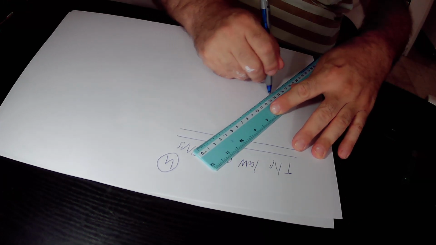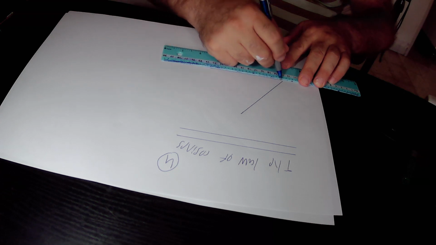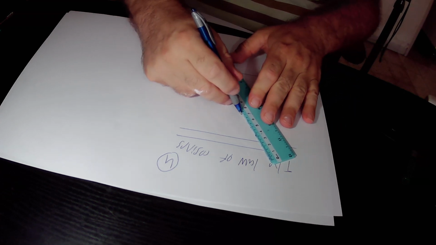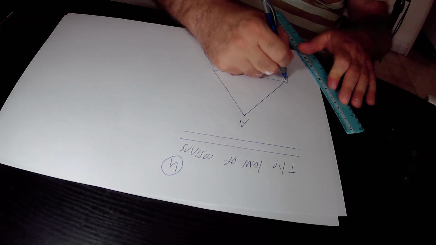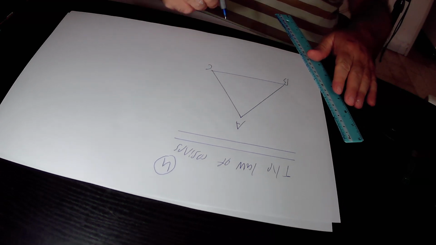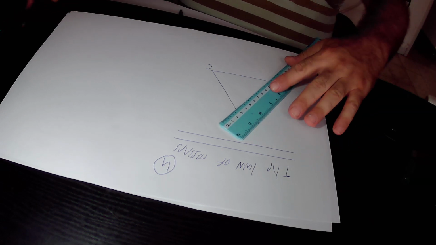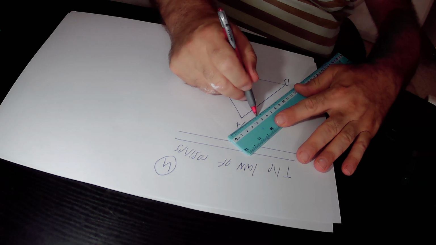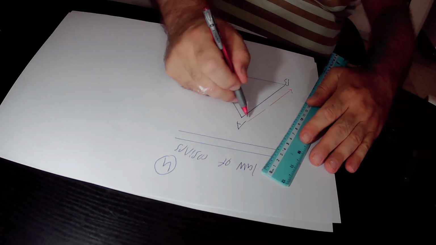So this is triangle ABC. That could be any triangle. We know that this is side AB, equal to A units in length.